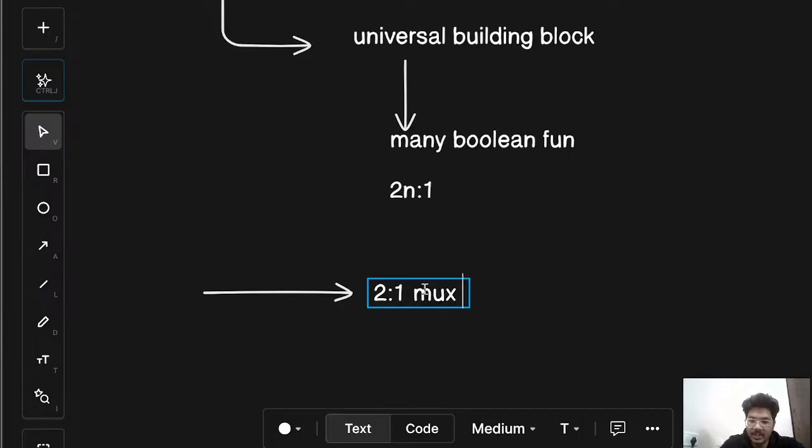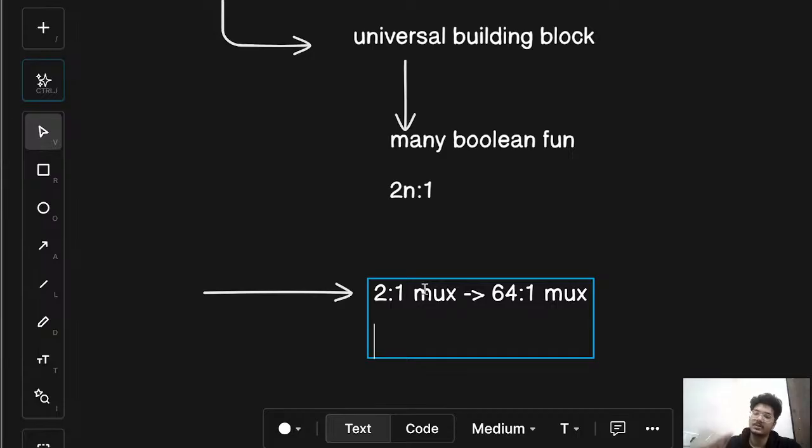A 64 to 1 mux can be built as a tree of 2 to 1 muxes. A 2 to 1 mux reduces the lines by half, combining 64 inputs into one output, so it requires 63 muxes, with select lines of n minus 1. So simply we use 63 2 to 1 muxes.